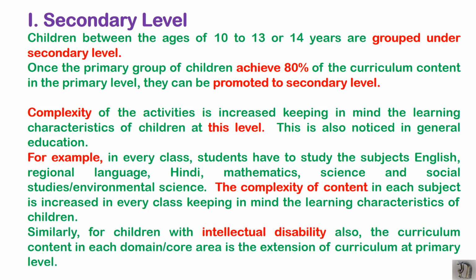Okay, similarly, even for children with intellectual disability, the curriculum content in each domain, it might be personal, social, recreational or academic, the complexity of the content will increase. So it will be the extension of the curriculum at primary level. After primary, then only secondary. Whatever the domains you have in primary, that will be shifted to the secondary level, but the complexity level will increase. I hope you have understood.